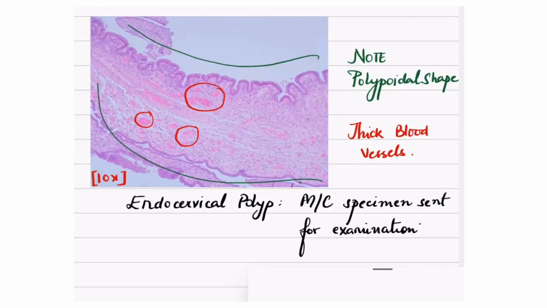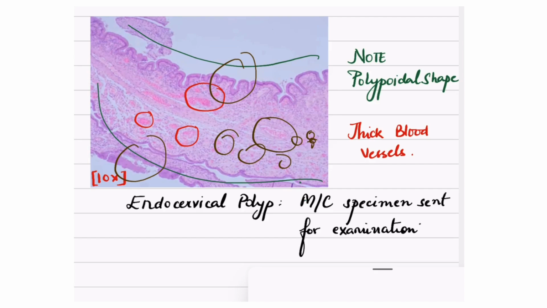This is a very common case you will see in your pathology practice, especially if you're setting up a histopathology center: endocervical polyp. First of all, you will look at the epithelium. This is not a squamous epithelium, it's columnar. So a single line of columnar epithelium with a lot of blood vessels. All these small blood vessels you can see.